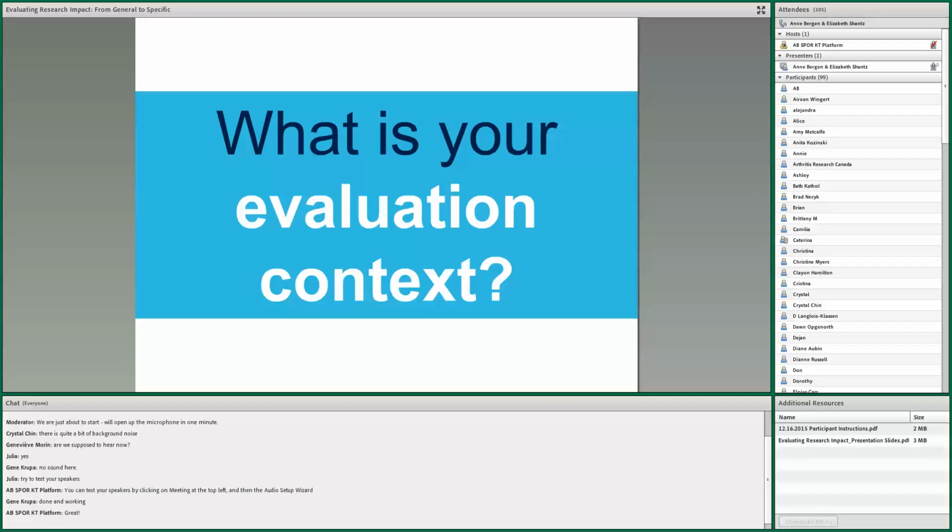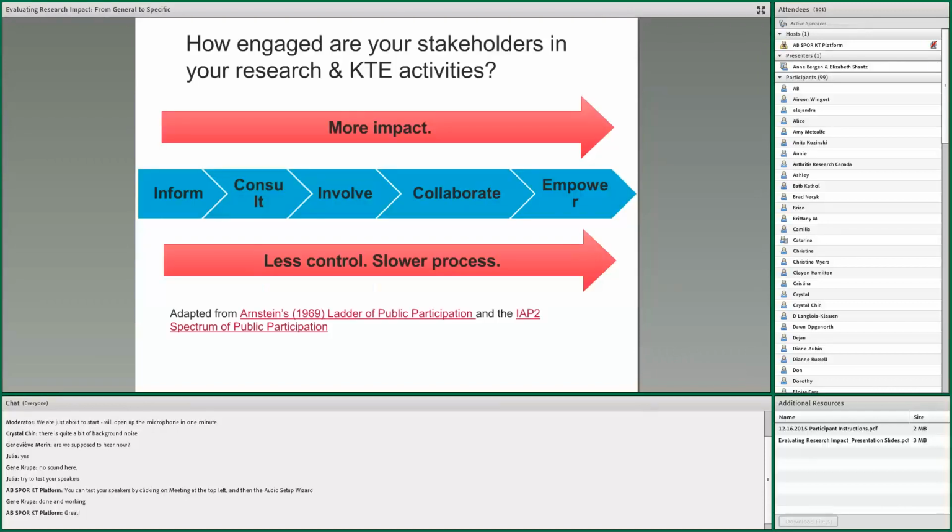So once you have your evaluation goals in place, you want to start thinking about the broader context of your evaluation. And I like to start by thinking about stakeholder involvement or engagement, so thinking about how engaged your stakeholders, or your end users, are in your research and KT activities.